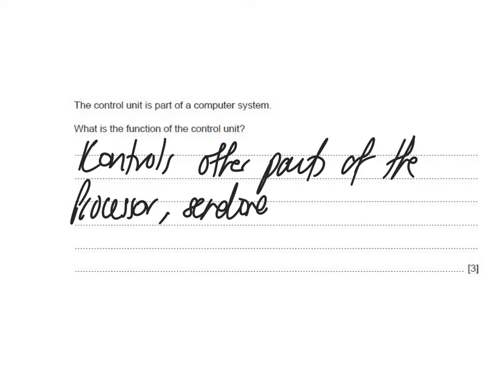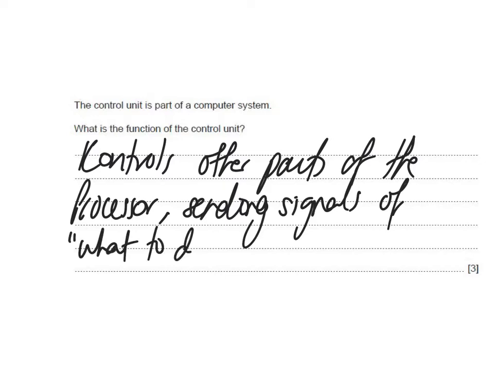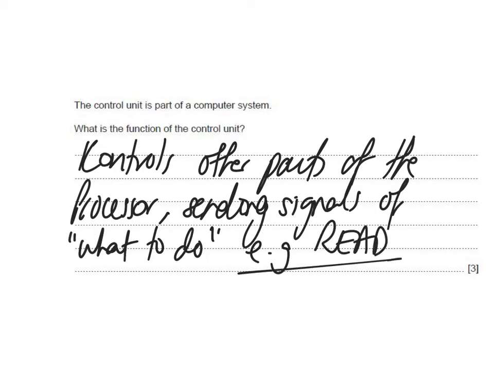I'm going to run out of space here. Sending signals of what to do, e.g. read. I always love to give examples in mind. So that's 1 mark. I mean, that's not great for all the marks.